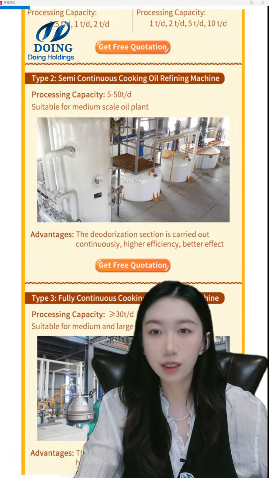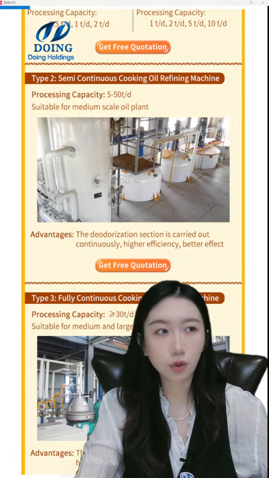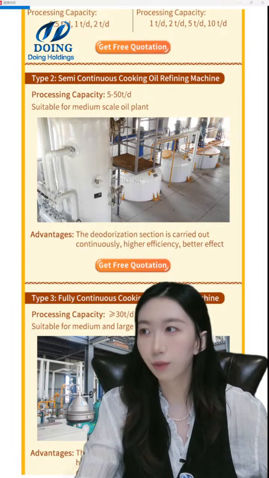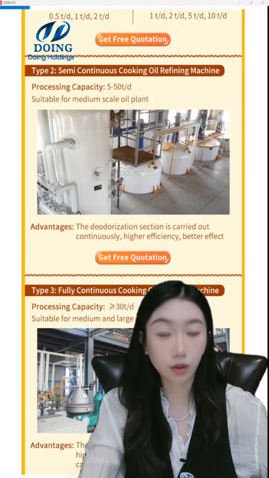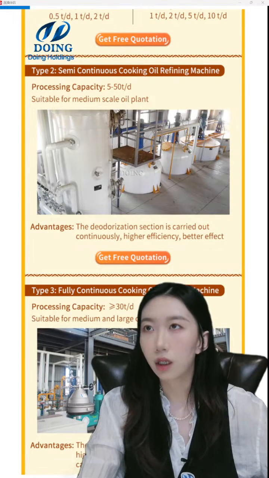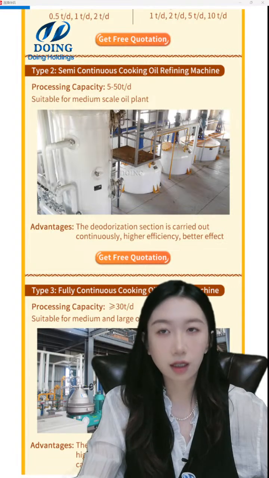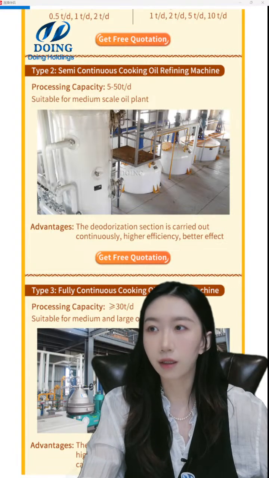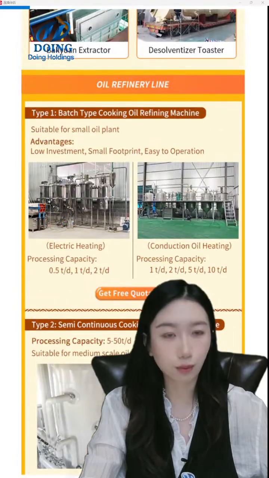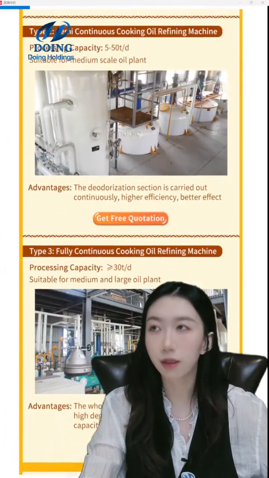The deodorization section uses a deodorization tower for deodorization. So the automation is higher and it can give you higher efficiency. The quality of oil is better than the batch type refining machine.